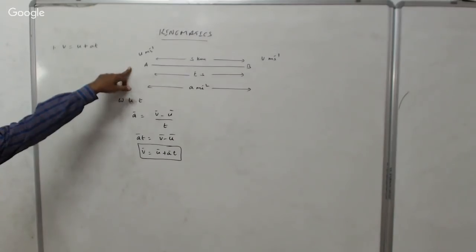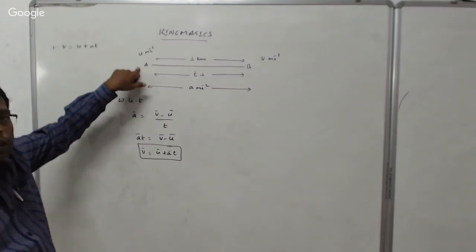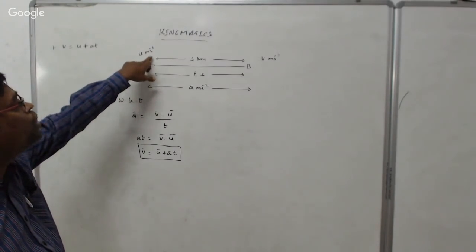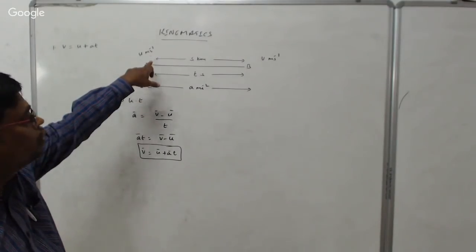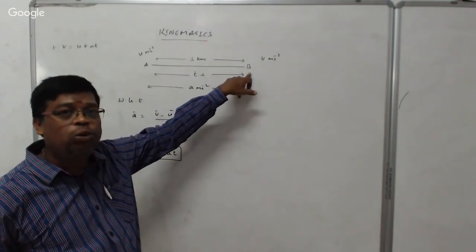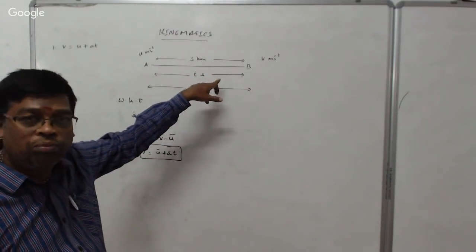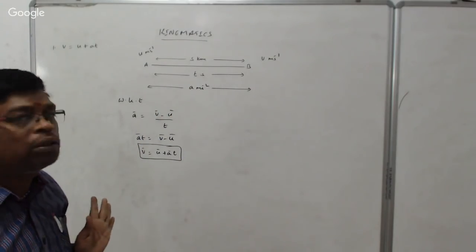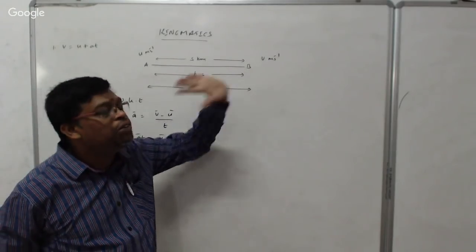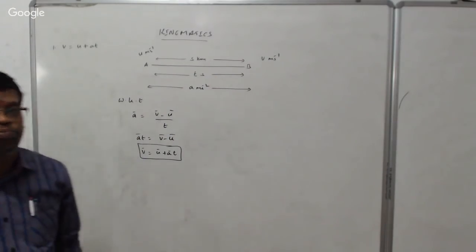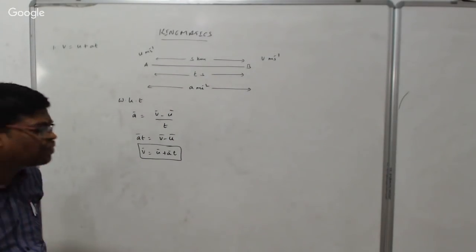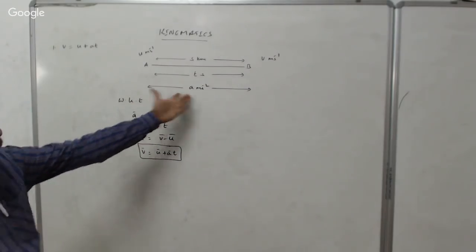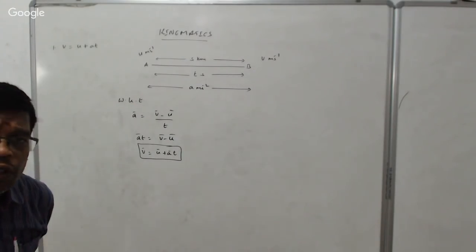Look carefully. The body starts its journey at A with an initial velocity u meter per second, covering a distance of s meters within a time t seconds with the uniform acceleration a meter per second square, and ends its journey at B with a speed v meter per second. Okay? A body is said to be moving with uniform acceleration.